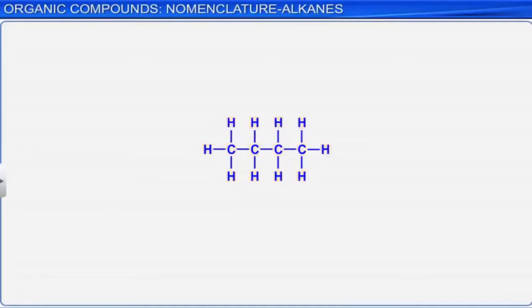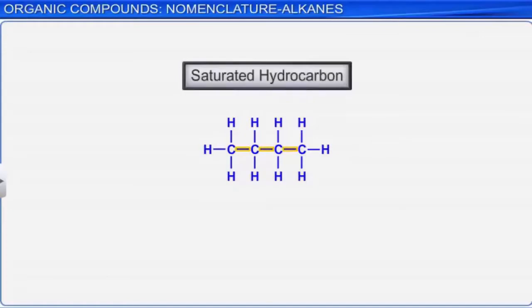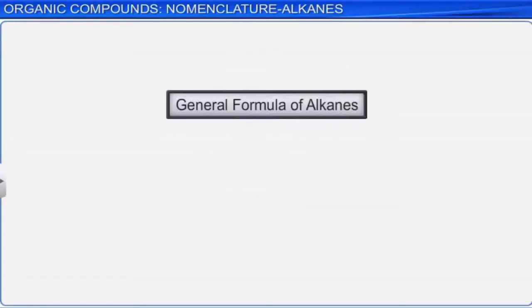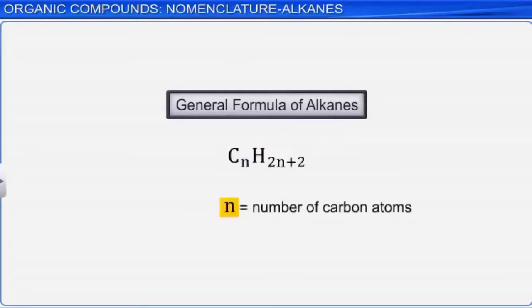The hydrocarbons, which consist of carbon-carbon single bonds, are said to be saturated and are called alkanes. The general formula for alkanes is CnH2n+2, where n indicates the number of carbon atoms.